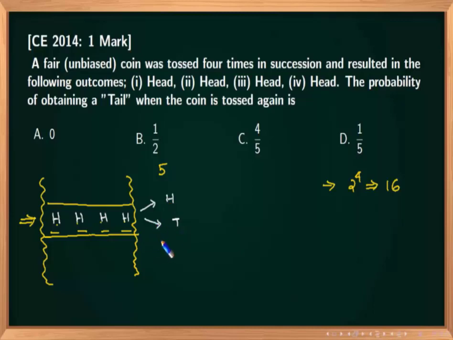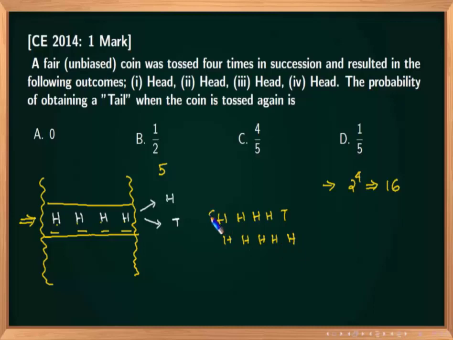So finally, since it is given that I've got already 4 heads, the possible outcomes for the 5 tosses will be like this: H, H, H, H, T, and H, H, H, H, H.